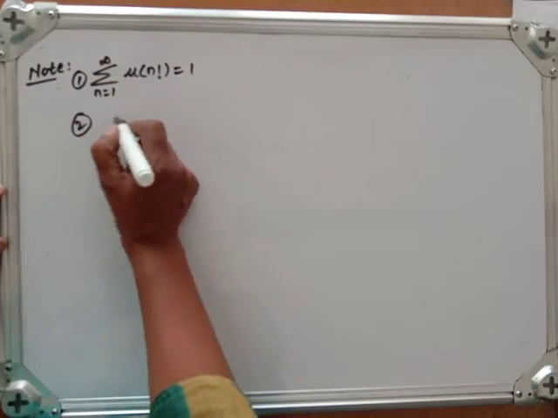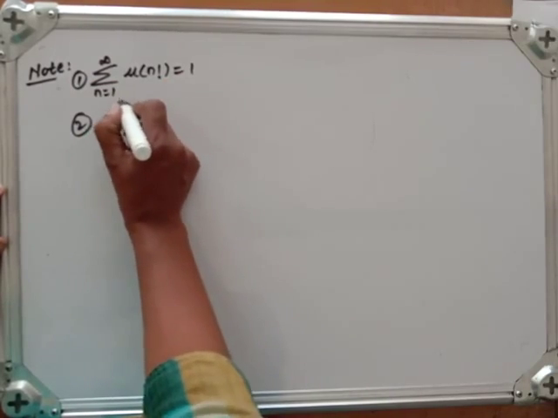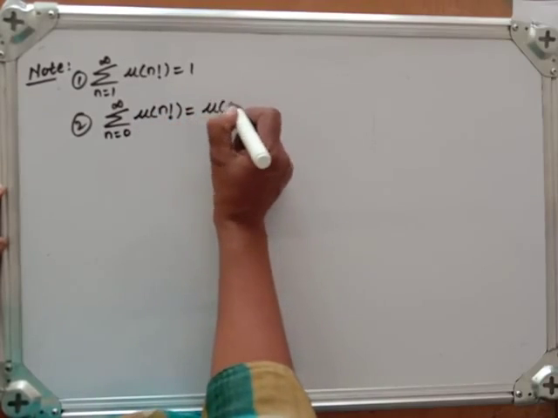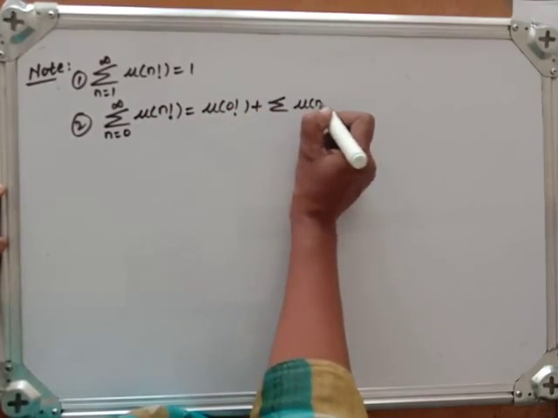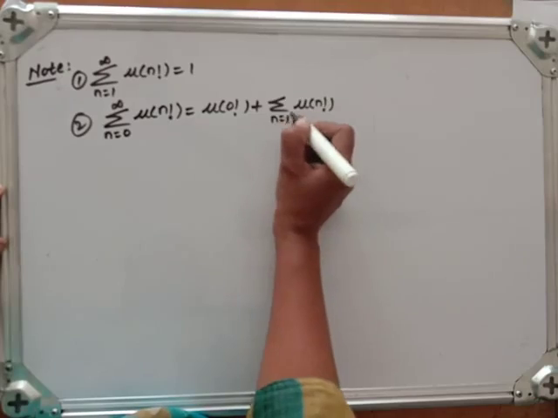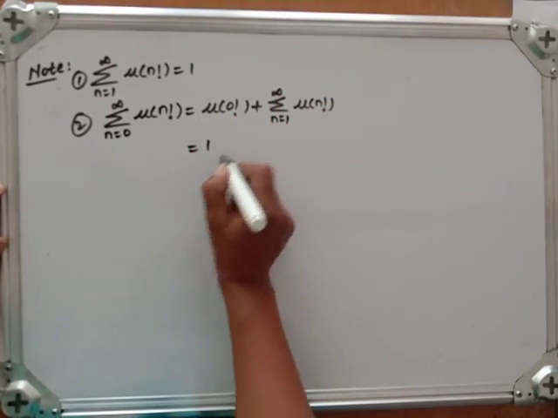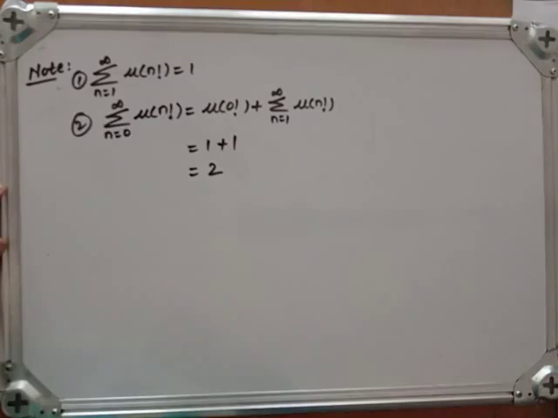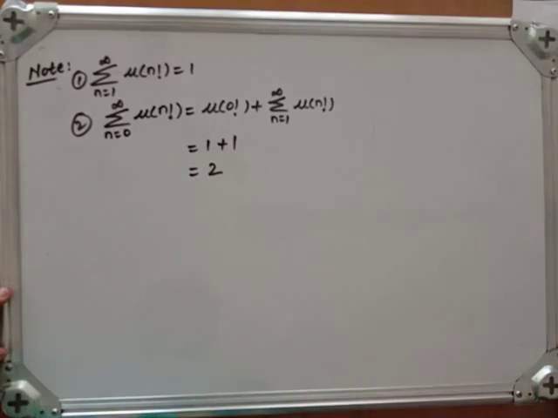And second, what about summation n from 0 to infinity of mu of n factorial? So this is mu of 0 factorial plus summation mu of n factorial, n from 1 to infinity. So 0 factorial is 1, so mu of 1 is 1. And this one, you know, it is 1. So it will be 2. Fine.